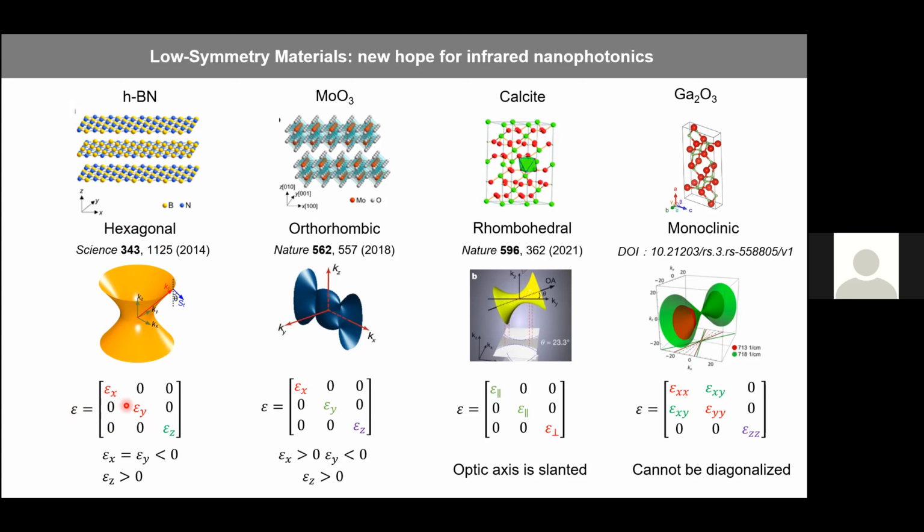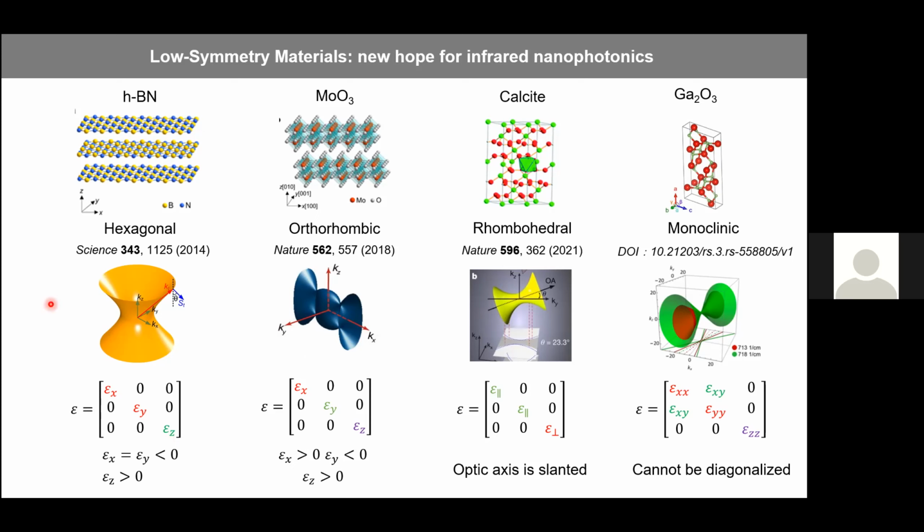If you notice, along the X and Y directions, that means the in-plane components of the permittivity are exactly the same. But out of plane, epsilon Z is completely different, not only in value, but also in the opposite sign. So that means boron nitride is an in-plane isotropic medium, but an out-of-plane hyperbolic medium.